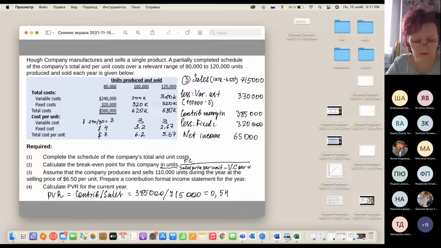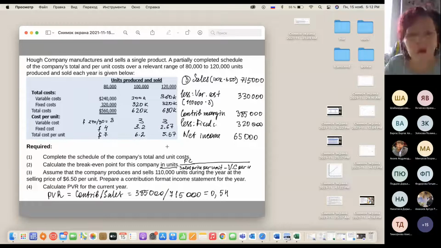Then all our variable costs per unit are 3. And how I found variable cost total, I just multiplied them by the units produced and got $300,000 and respectively $360,000. I guess it's clear. And total cost per unit, I just summed these numbers up and got these numbers.